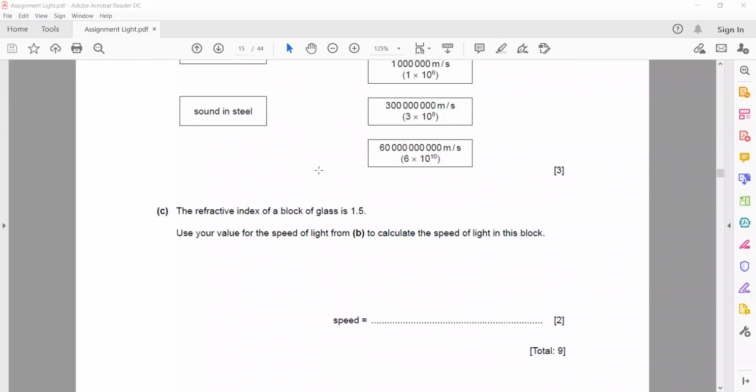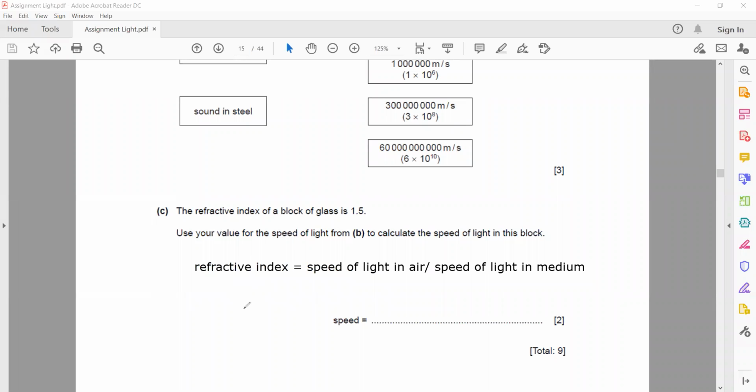In the next part, the refractive index is 1.5. Use the value to calculate the speed of light in a block. The formula which relates refractive index and speed: refractive index is equal to the speed of light in air or vacuum divided by the speed of light in a medium, like glass or water, whichever medium it is traveling in.